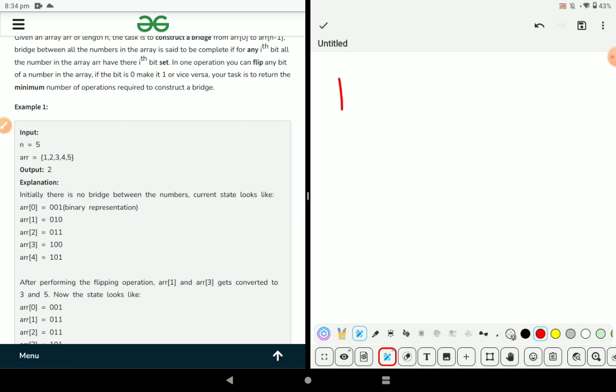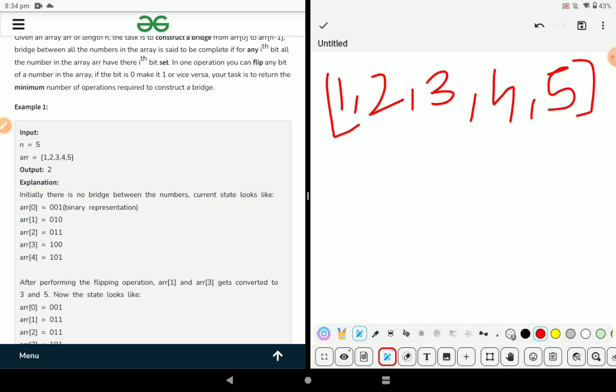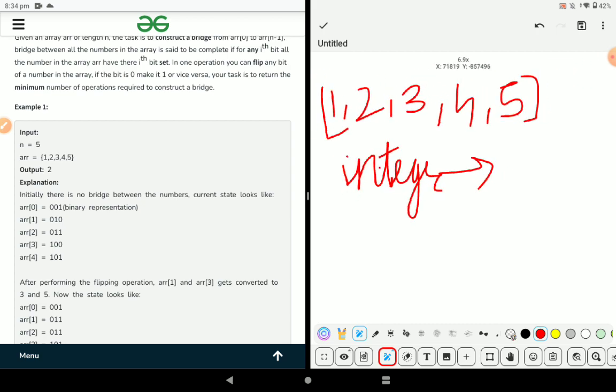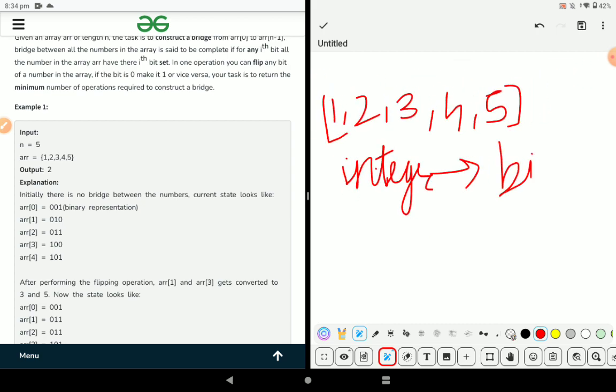We have been given an array of numbers. Basically we have to convert it from integer to binary.